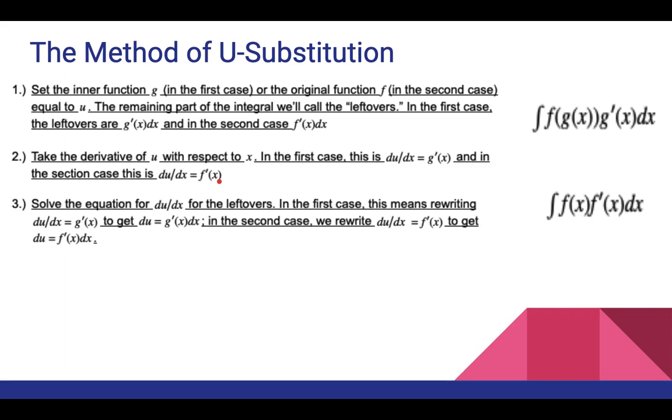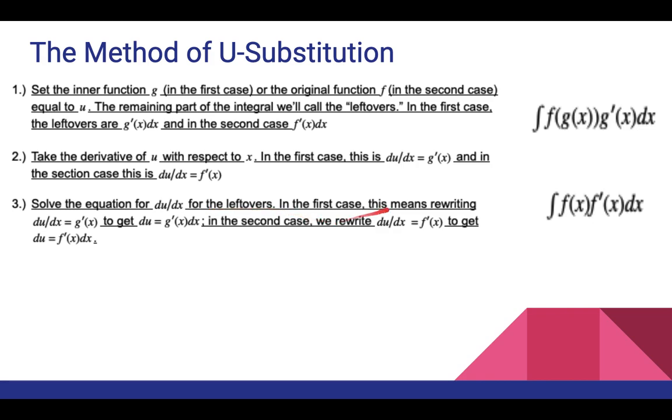So what we're going to do is treat du over dx like a fraction, okay? We're going to solve the equation for du over dx in each case for the leftovers, okay? I'm all over the place, okay?